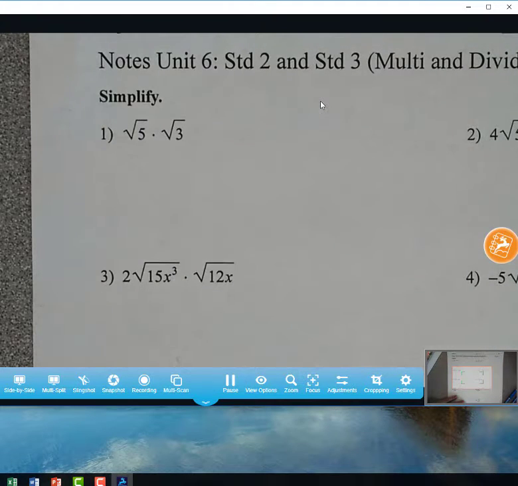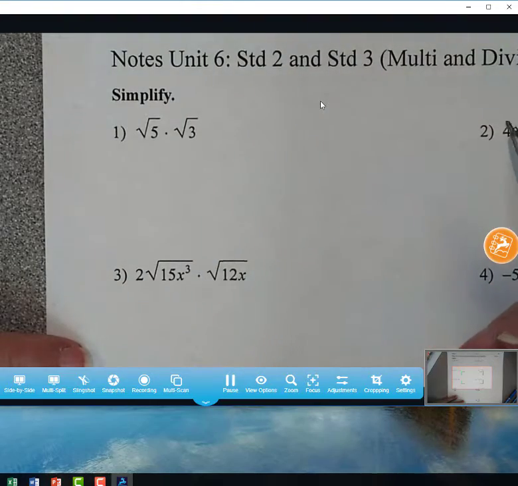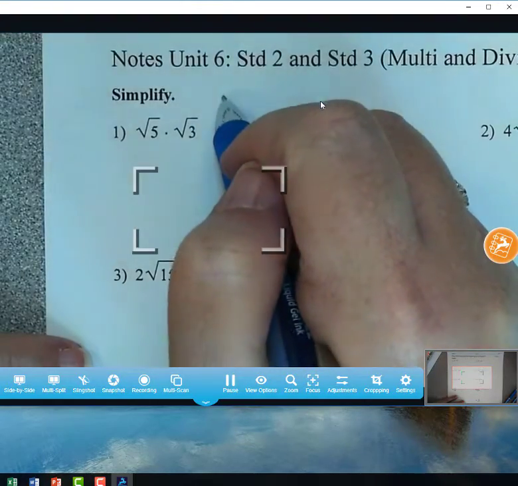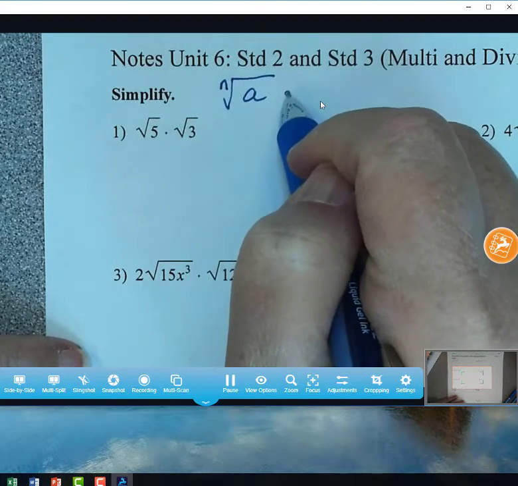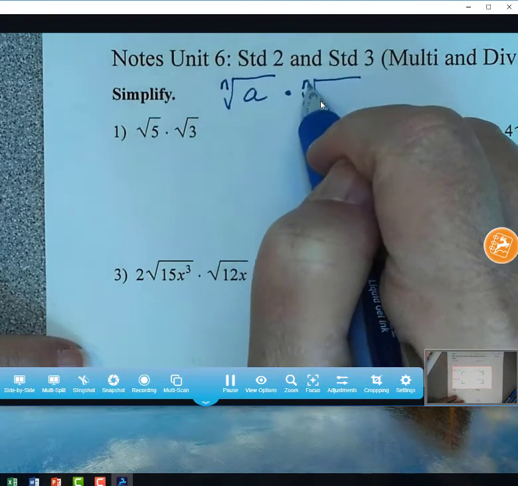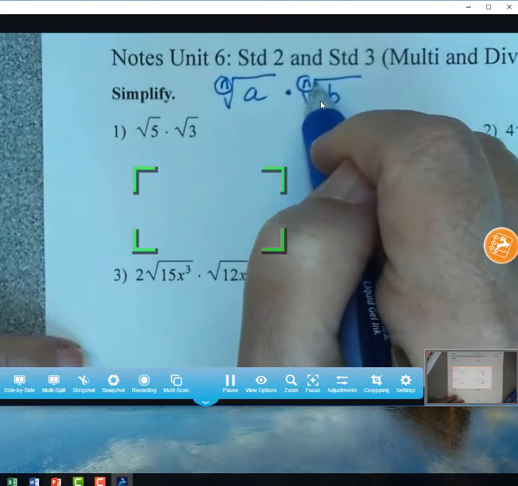All right, standard 2 is about multiplying radicals. In order to multiply radicals, you first need to make sure that the index is the same. There is a rule that says the nth root of A times the nth root of B, so in other words, the index must be the same.